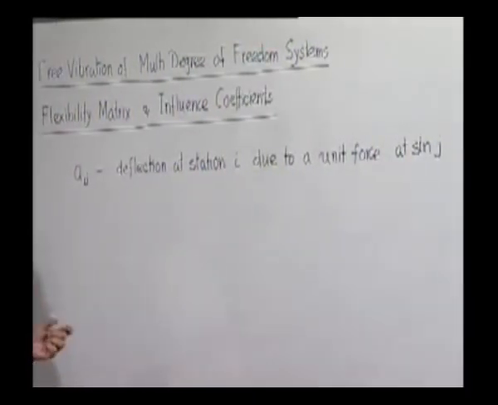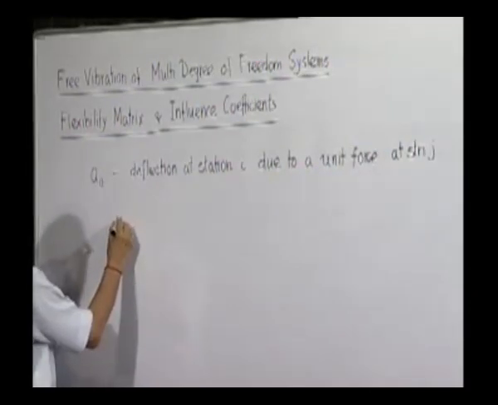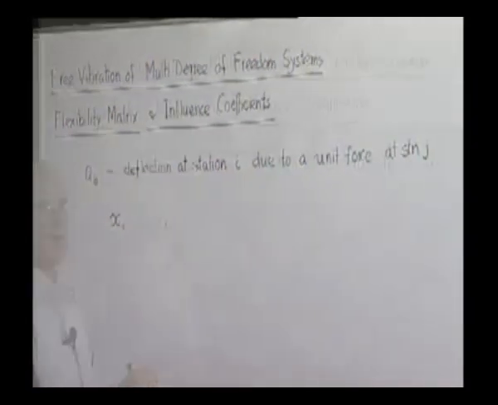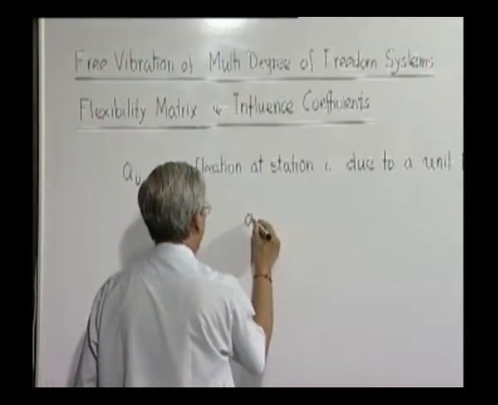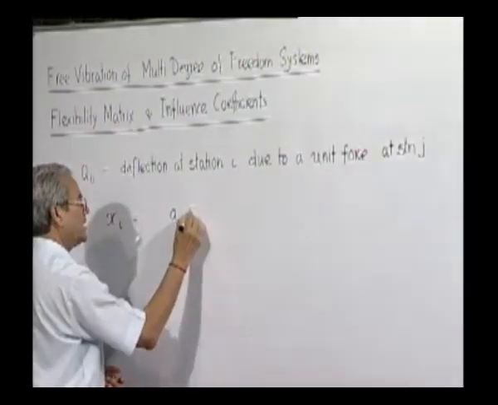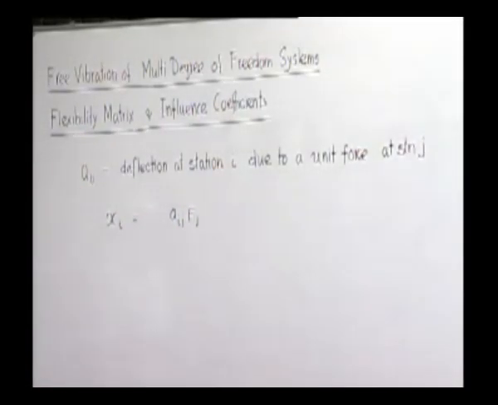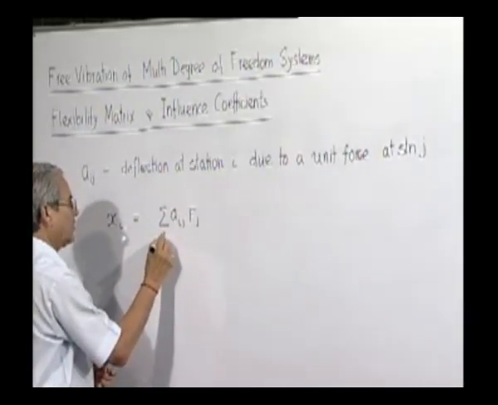So, for an n degree of freedom system, the displacement at any instant at the ith station will be Aij, force which is acting at the jth station, summed over j equal to 1 to n.